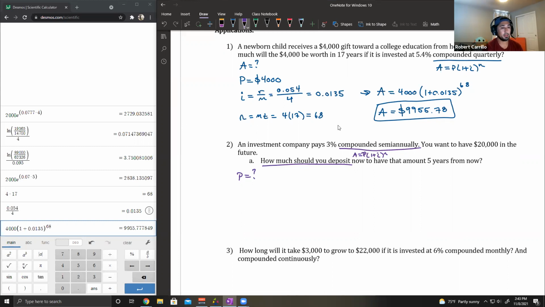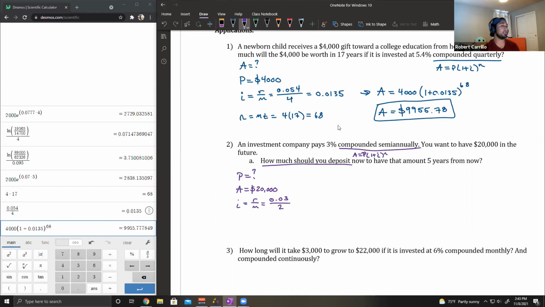Okay. So we know we want to have $20,000 in the future. For i, remember that it's rate over compoundings. This company is giving us 3%, so 0.03 over, and we are compounding semi-annually. Semi-annually means that this money gets compounded twice a year.